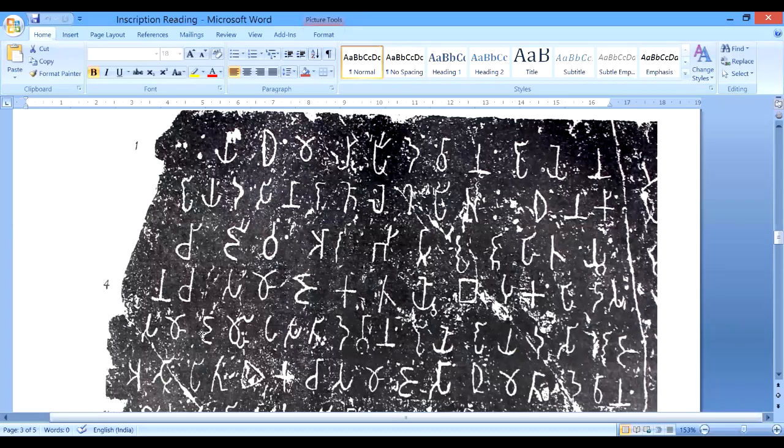Size wise also different. So samajamhi. Here you can very clearly see makara. There is an ikara. Here the ikara is very clear because both lines, one horizontal, one vertical, have changed now. So sa, ma, then jakara, makara, and ikara, and below that is the hakara. So the complete word will be sa, ma, jamhi.